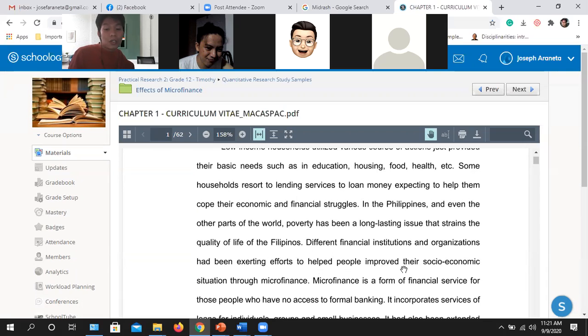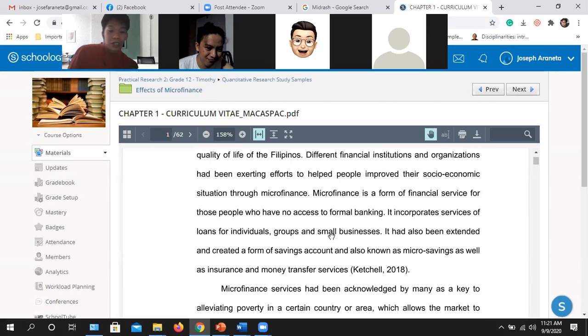Different financial institutions and organizations have been exerting efforts to help people improve their socioeconomic situation through microfinance. Microfinance is a form of financial service for those people who have no access to formal banking. It incorporates services of loans for individuals, groups, and small businesses. It has also been extended and created a form of savings account, also known as micro savings, as well as insurance and money transfer services, according to Ketchel 2018.